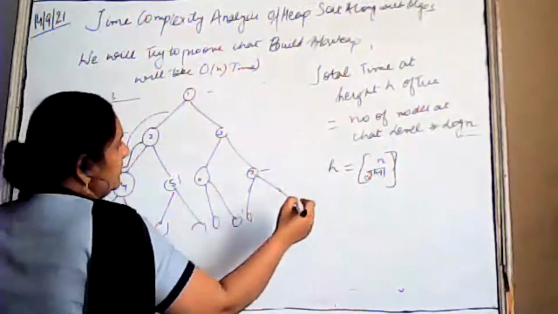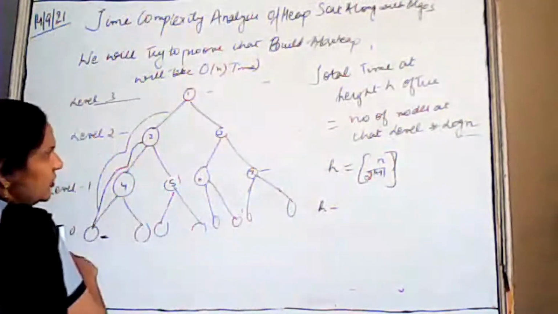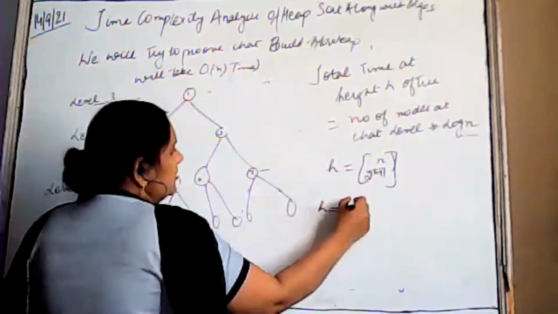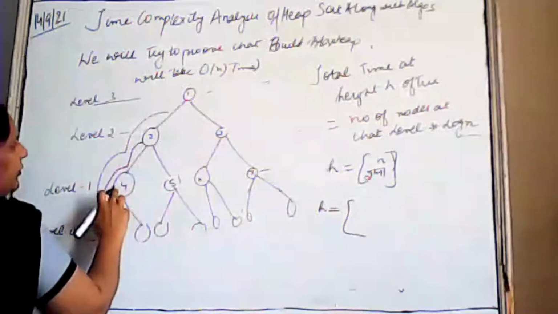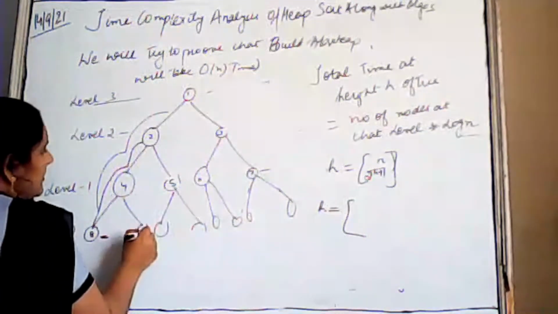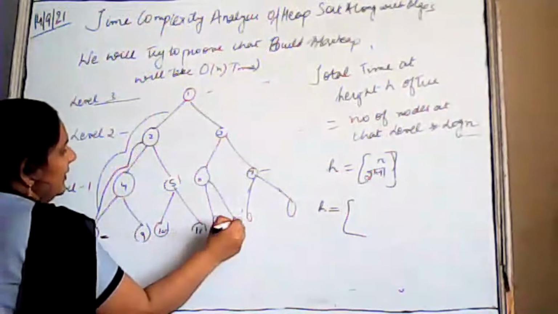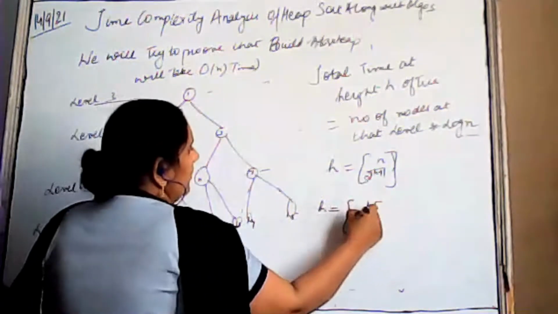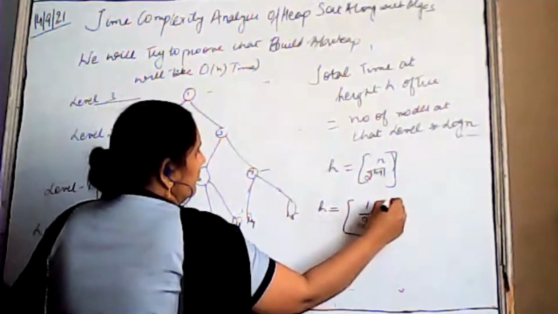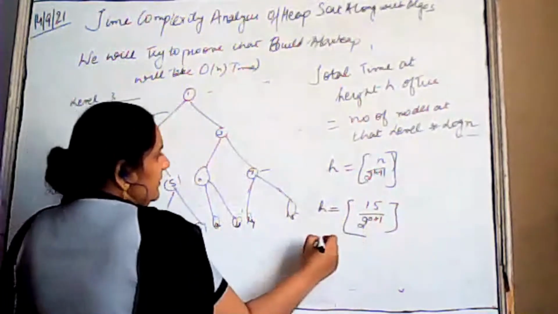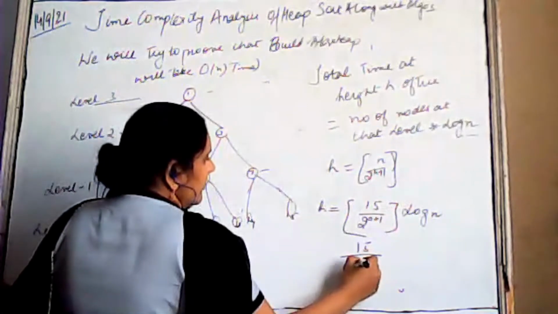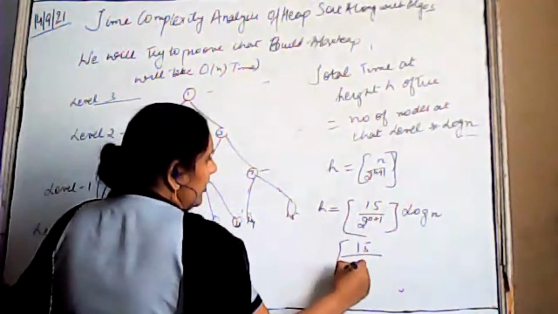So this is level 0. So height 0 means level 0. So n, the total number of nodes, is 15. 1, 2, 3, 4, 5, 6, 7, 8, 9, 10, 11, 12, 13, 14, and 15 nodes are there. So 15 upon 2 raised to 0 plus 1. Fine. Into log n. So 15 by 1 log n.